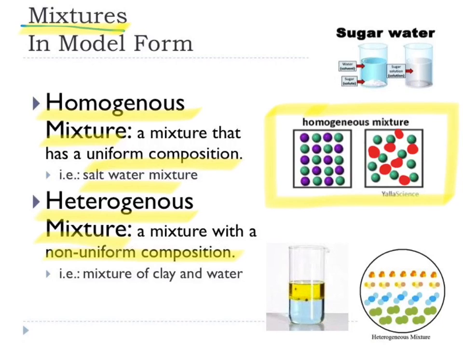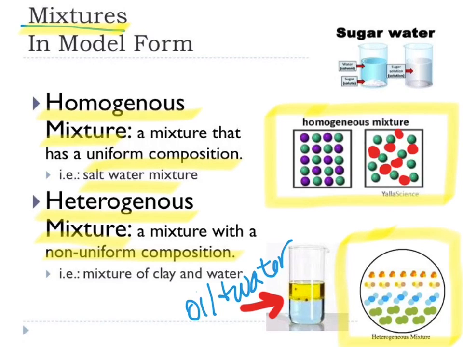So a mixture of clay and water, or like here, we see oil and water. If I look down at the particle level, here we can see that we have this nice division between each layer. Okay?